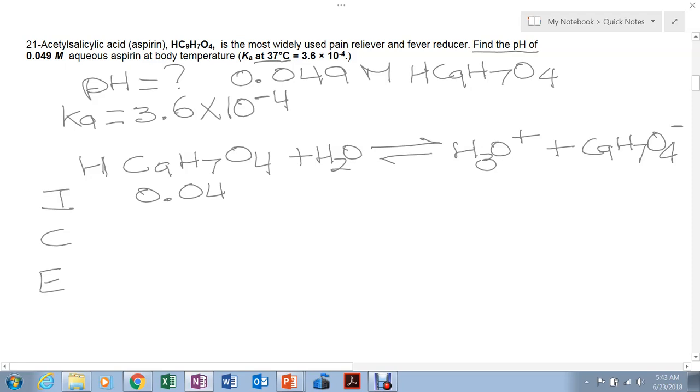But here we have to do the quadratic equation. The initial would be 0.049, 0, 0. The change would be minus x, plus x, plus x. This would be 0.049 minus x, and x and x.